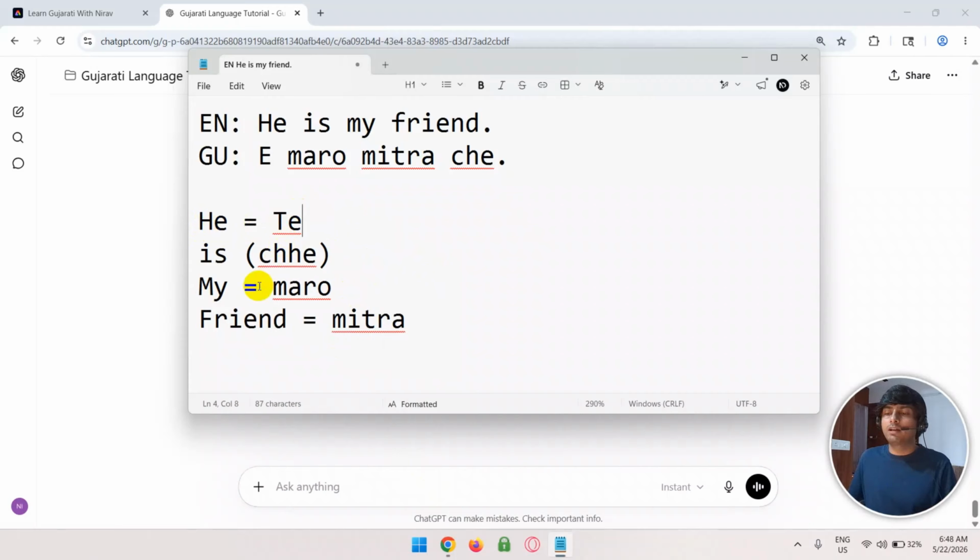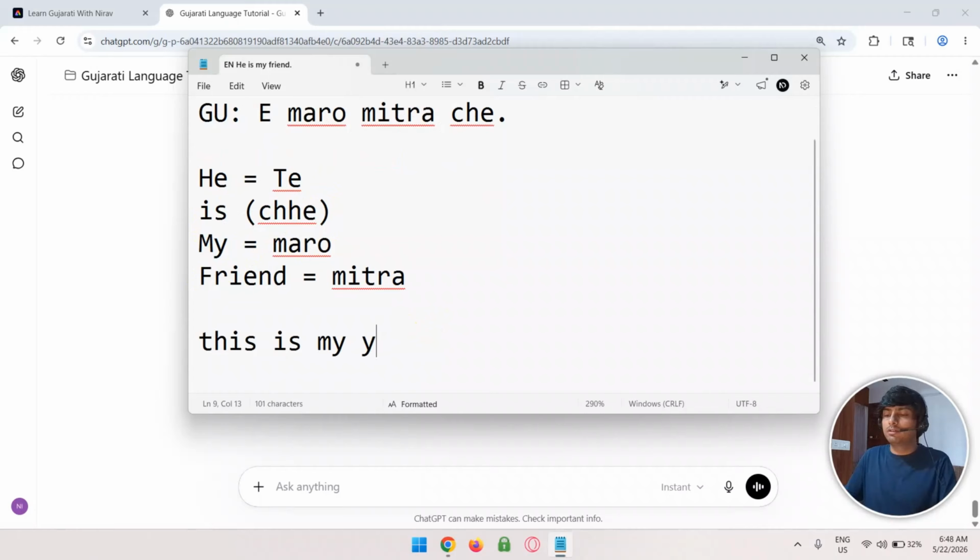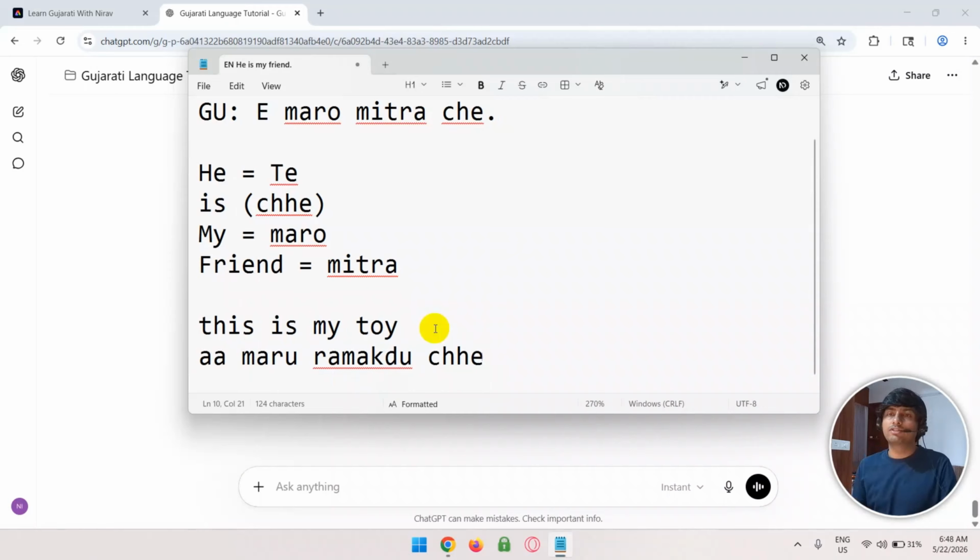Okay. For my, maro. If I want to say this is my toy, I will say a maru ramakadu છે. Now see, according to the sentence it changes to maru, because when I am talking about a friend, a person, I have to use maro: te maro friend છે.